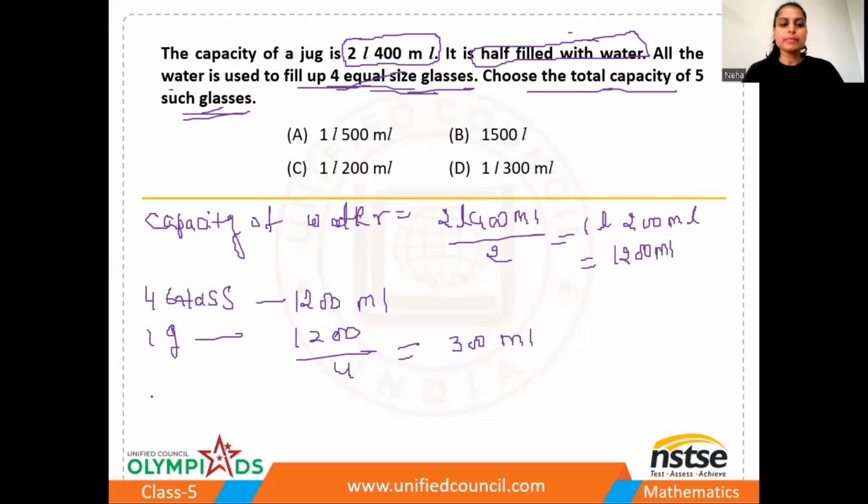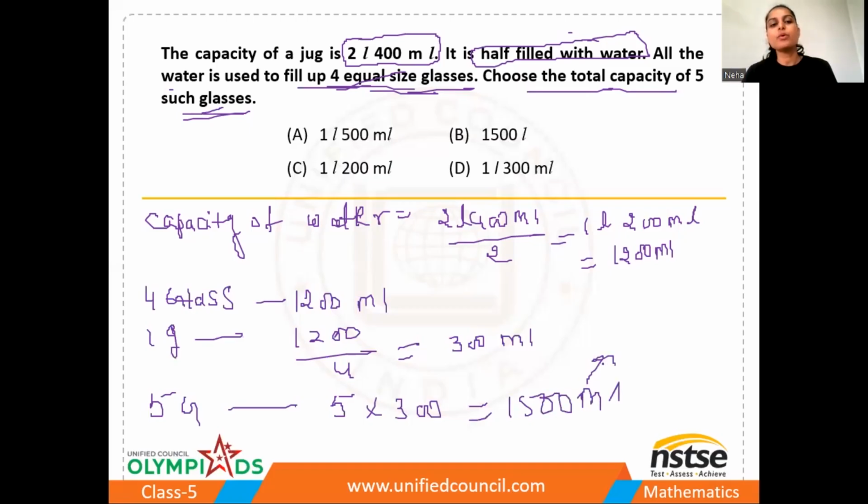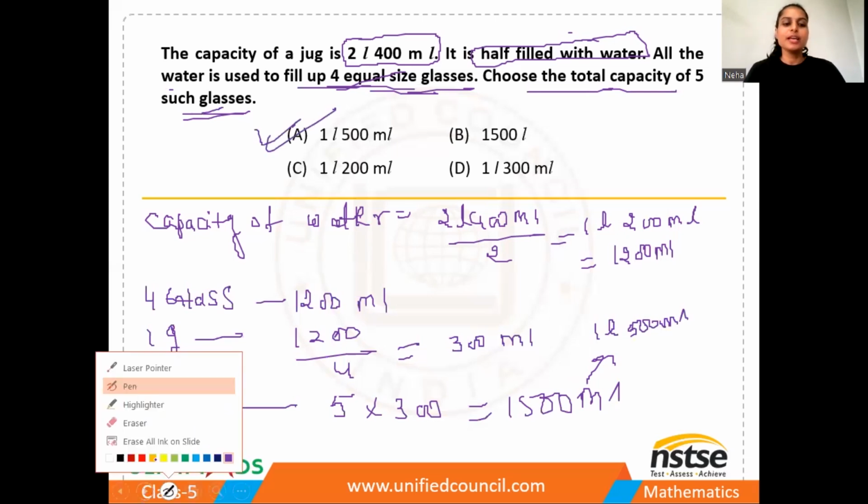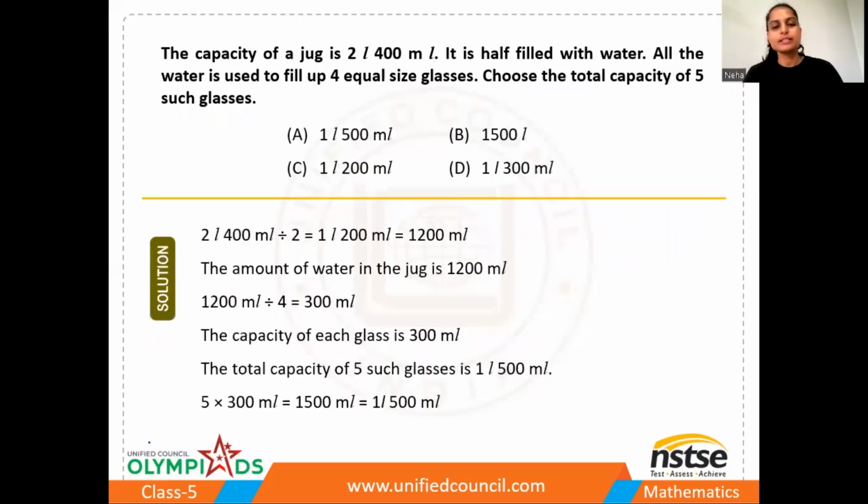It is 5 multiplied by 300, which is 1500 ml. If I convert that into liters, it will be 1 liter and 500 milliliters. Yes, my dear students, option A is your right answer, and this is the detailed solution for this question. Perfect.